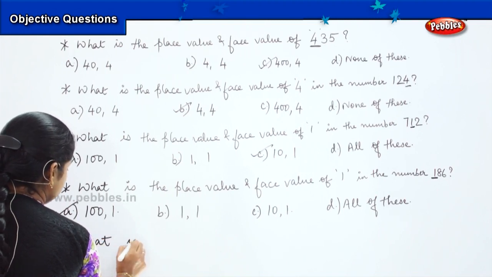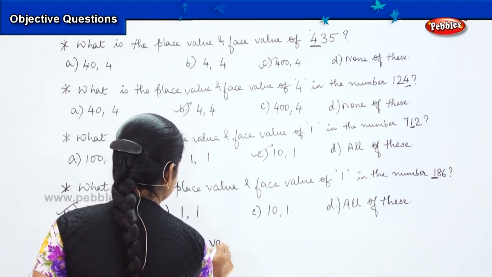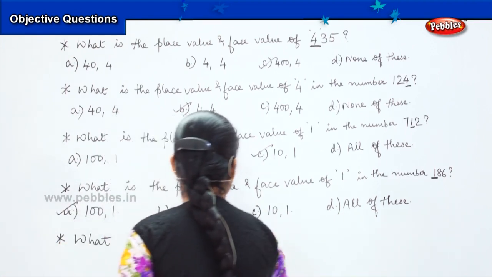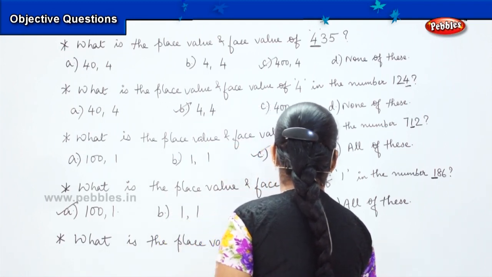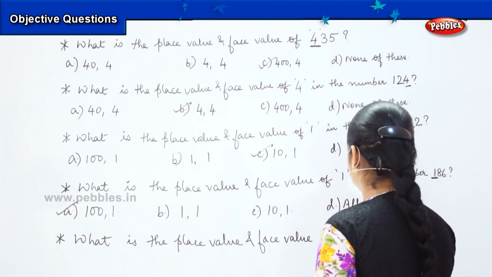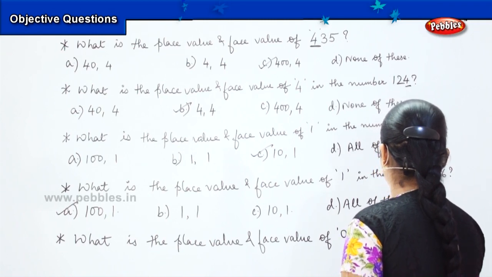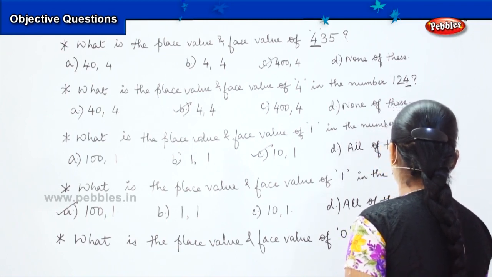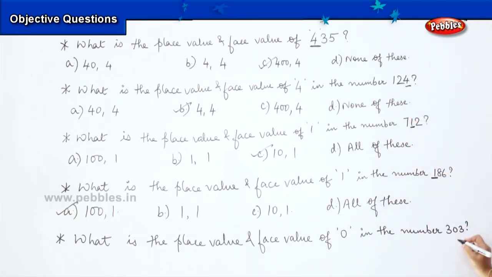You need to tell me the place value and the face value of the number 0 in the number 303. Did you understand the question? You have to tell me the place value and face value of the number 0 in the number 303.